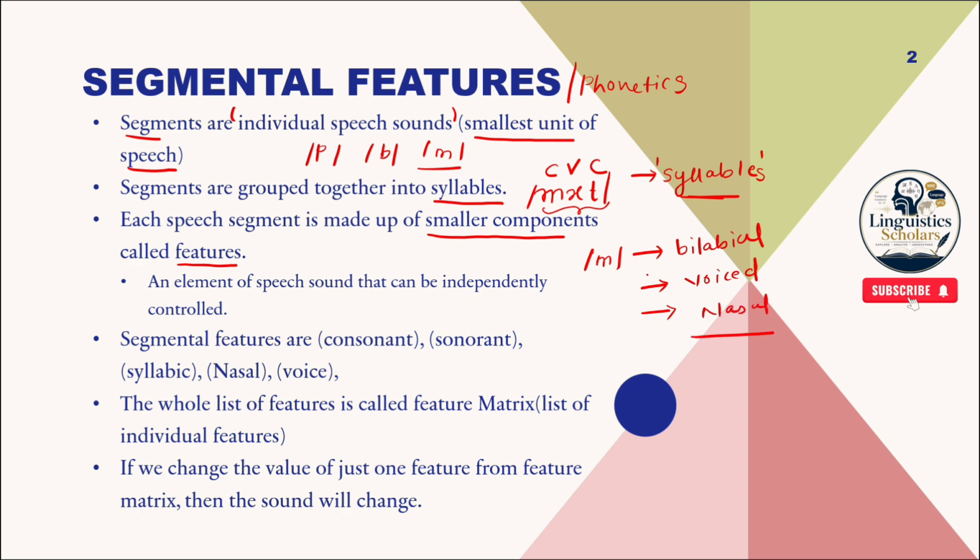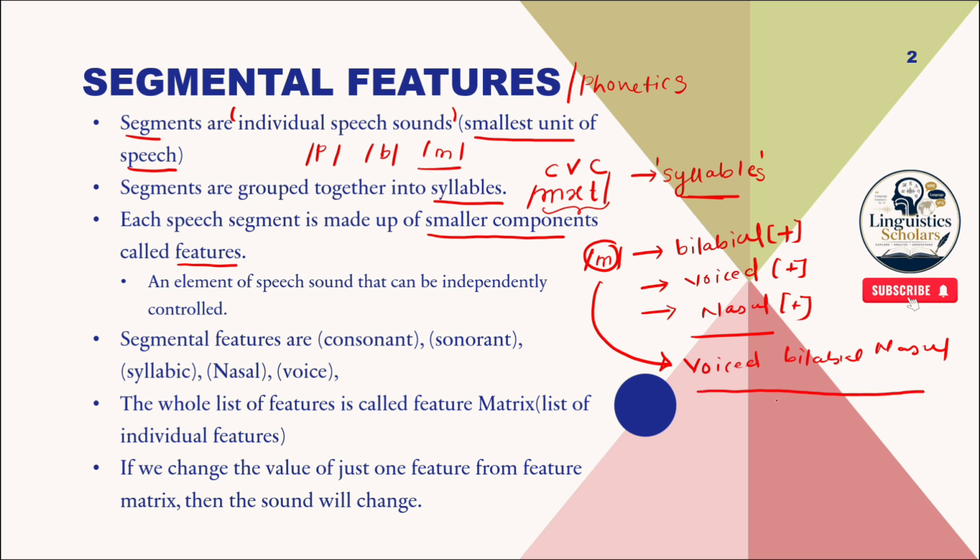So the segment is made up of three features: plus bilabial, plus voiced, plus nasal. To give a proper description in terms of place, manner and voice, we call it voiced bilabial nasal. So these are the three features that make the sound ma.